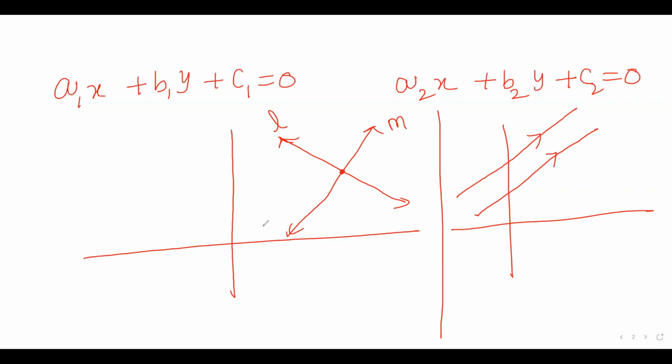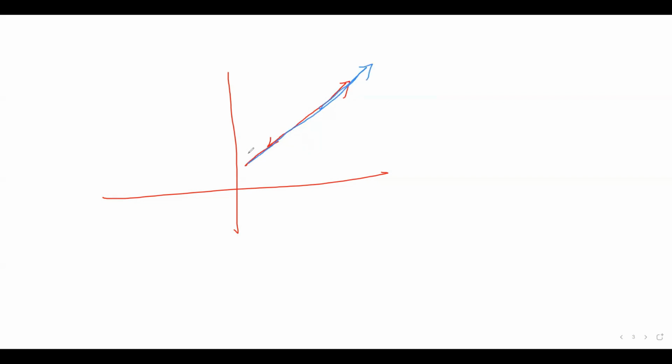There is one more option, one more chance, that is they may coincide, one line falling on another line, both having same points.